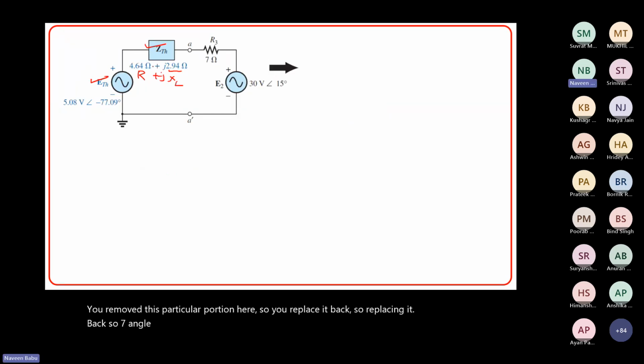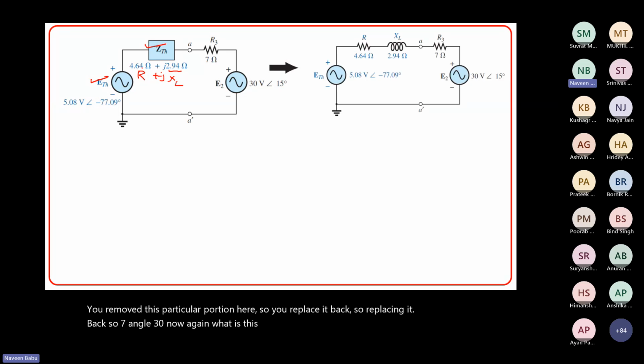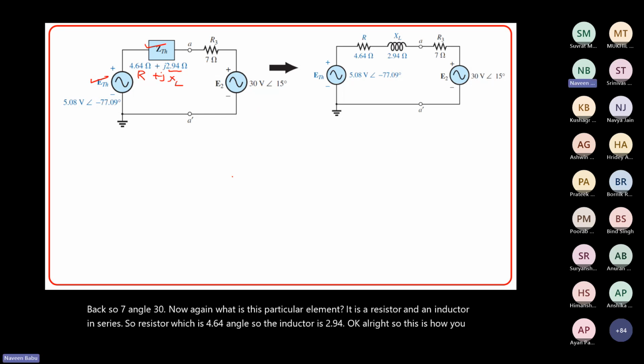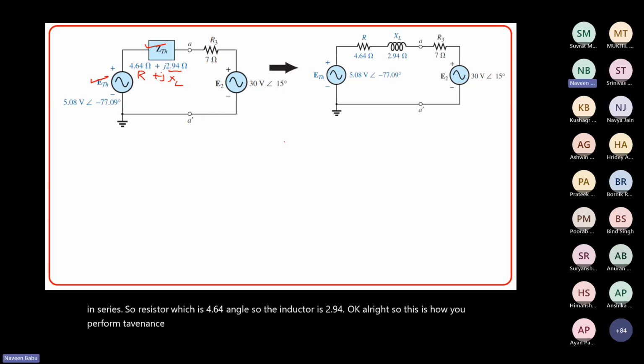Now again, what is this particular element? It is a resistor and an inductor in series. The resistor is 4.64 and the inductor is 2.94. Okay, all right. So this is how you perform Thevenin's theorem on any different circuit.